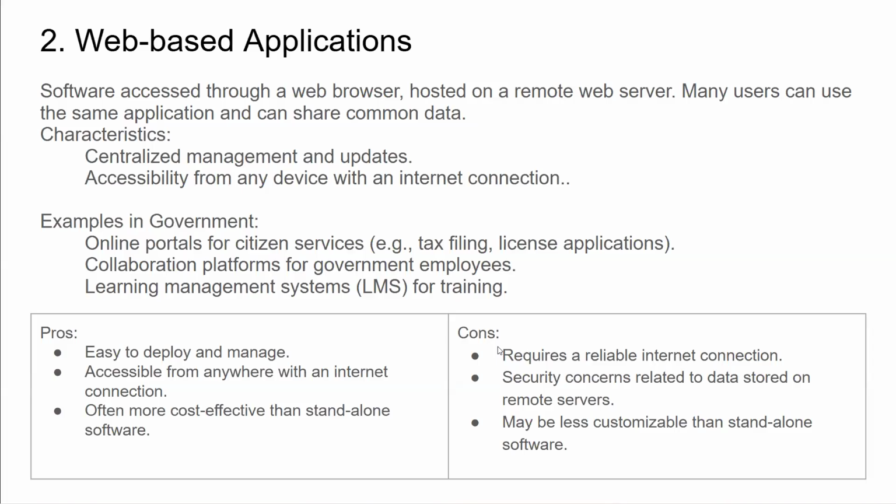Again, the disadvantages are that we need a reliable internet connection. It is common for ERP too. But in addition, security may be less when compared with the ERP application.